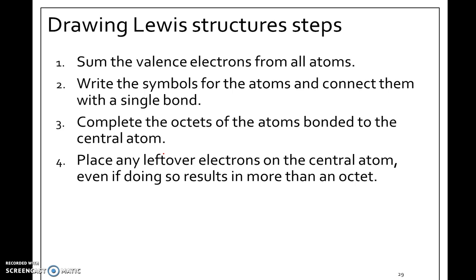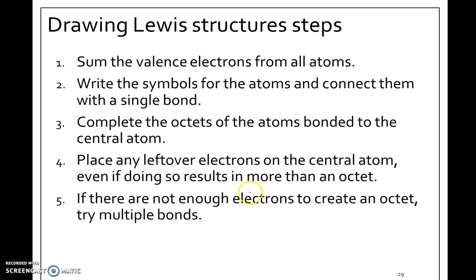So put all the atoms that are out there written down and combined. Then you will complete the octets of the atoms bonded to the central atom. So you'll start from the outside, putting lone pairs in, and then place any electrons left over into the central atoms. If there's not enough electrons to create an octet, try multiple bonds, and we'll see a few examples like that.